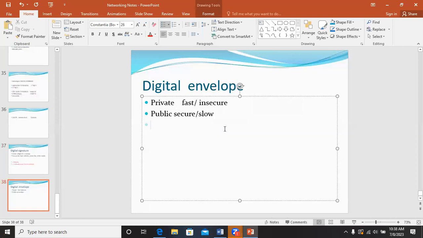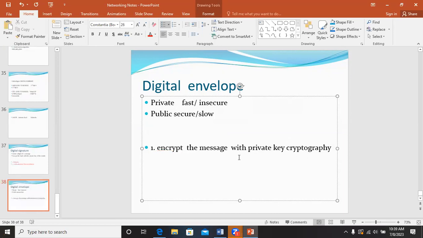So what do we do? We start like this. Encrypt the message with private key cryptography. So we start like that. Digital envelope.